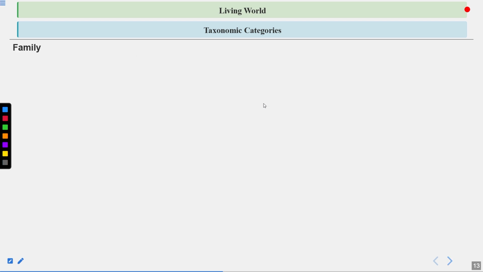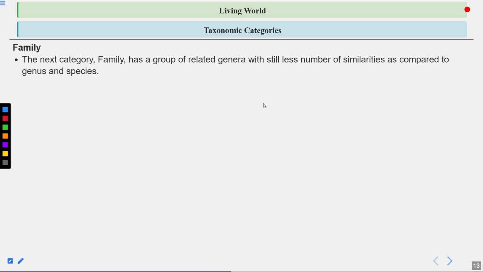Let's talk about family now, which is a category higher than the genus. The next category, family, has a group of related genera. So what is a family? It is a group of related genera with still fewer similarities as compared to the genus and the species.